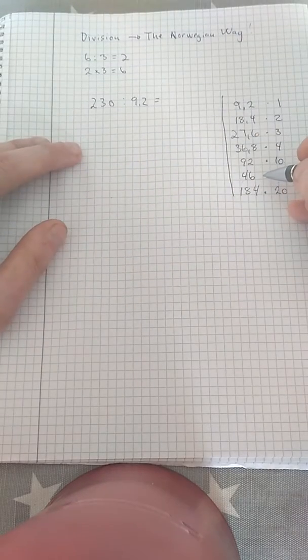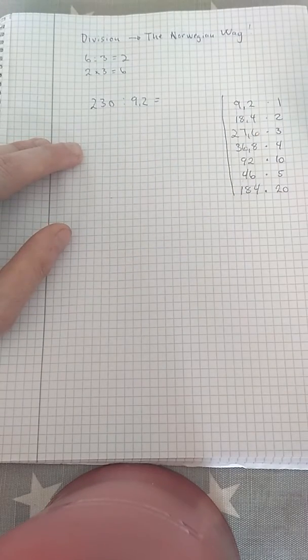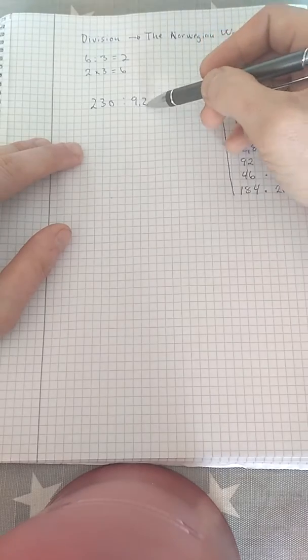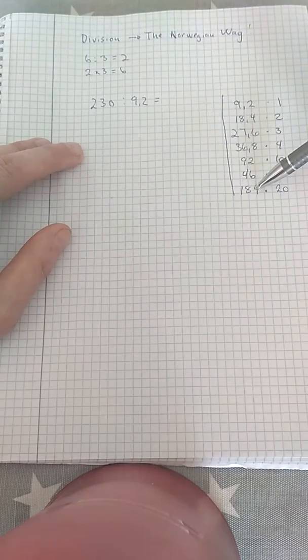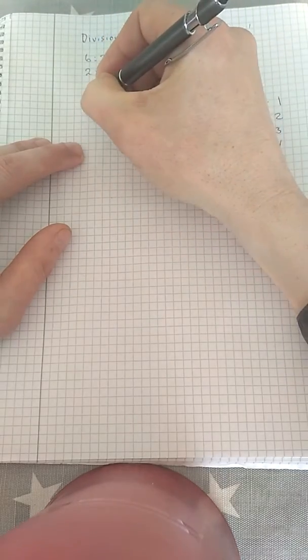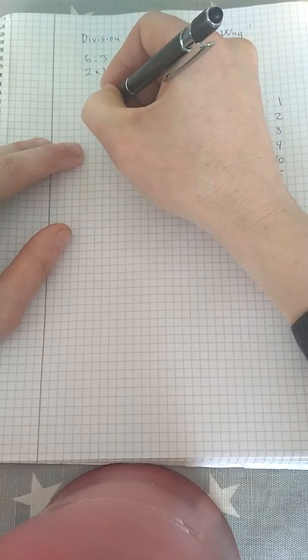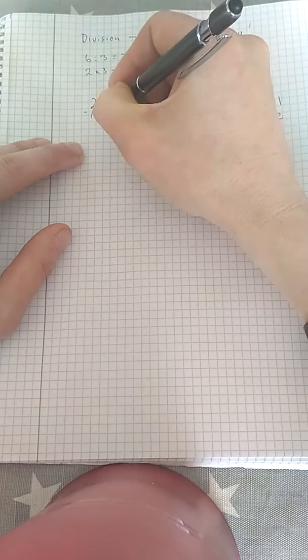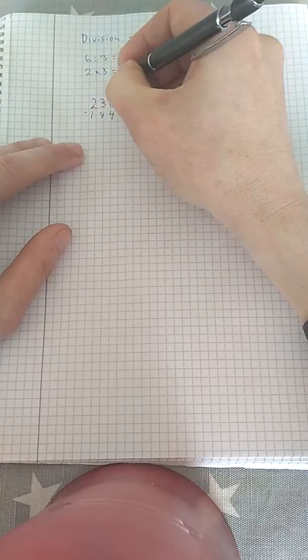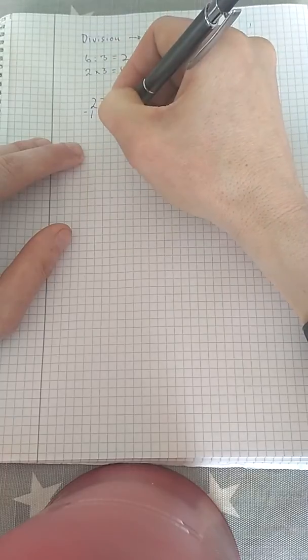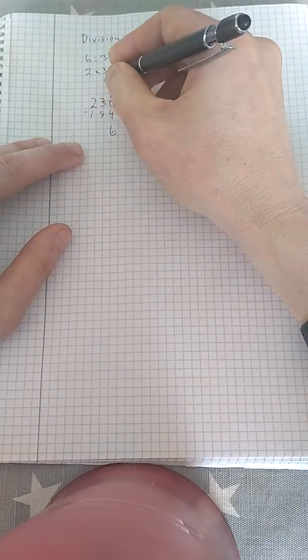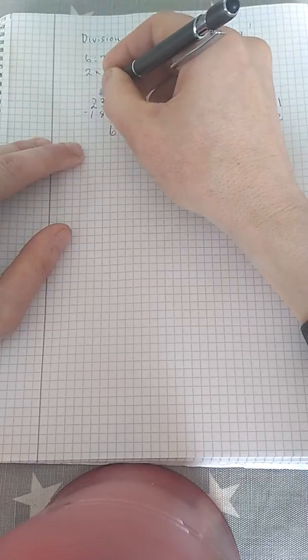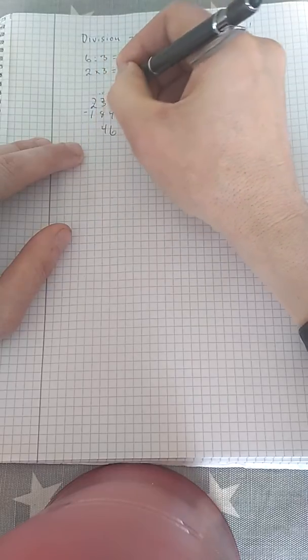So I just want to see how many more 9.2 I have to add to this number. So I just stop here and take away these ones, and then I do this, and I got 6, and I do this, and I got 46.